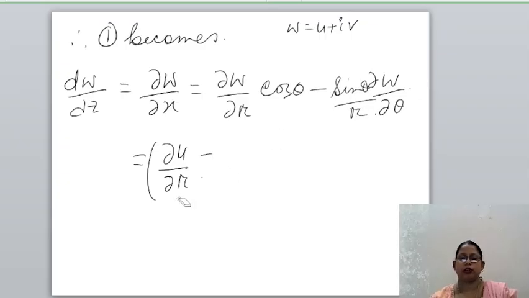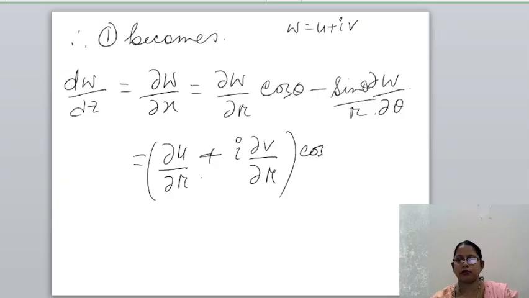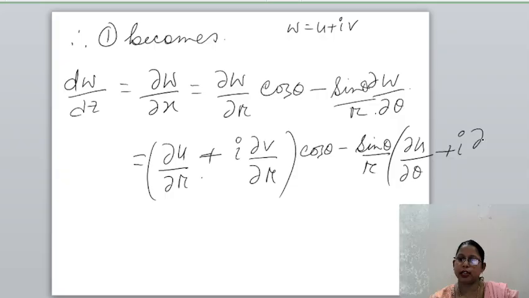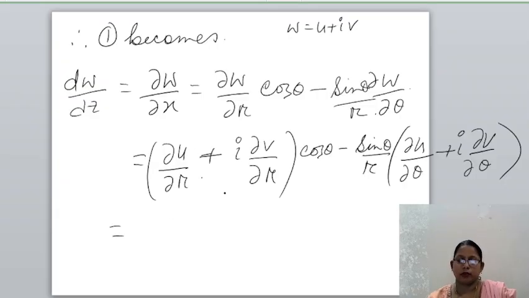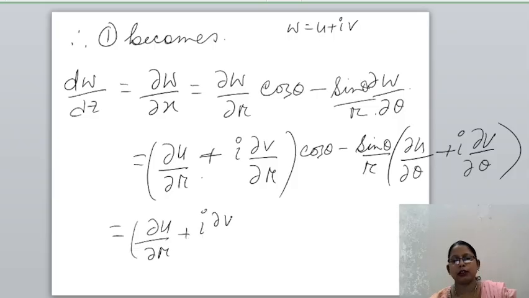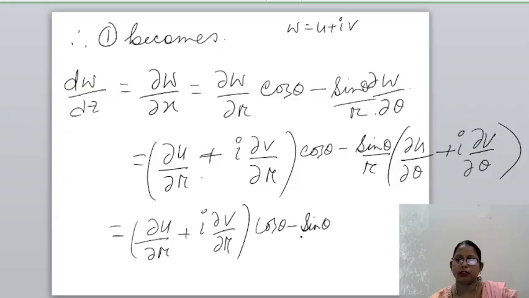So differentiate that, what you will get: partial differentiation of u with respect to r plus i partial differentiation of v with respect to r, times cos theta, minus sin theta by r times del u by del theta plus i del v by del theta.